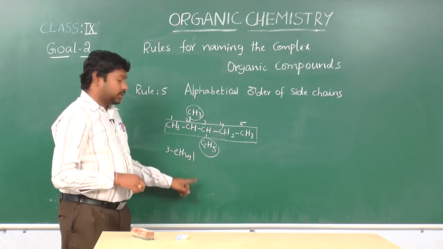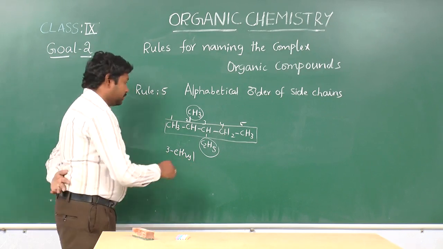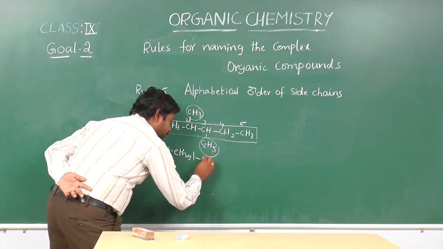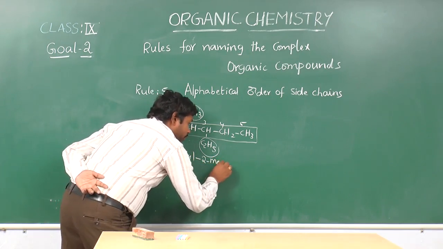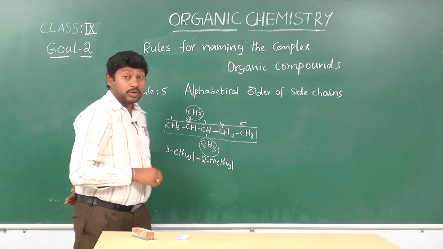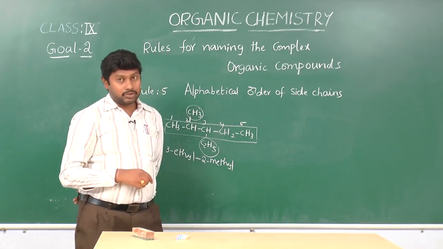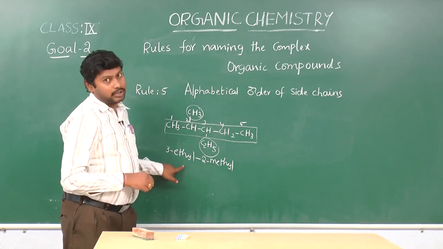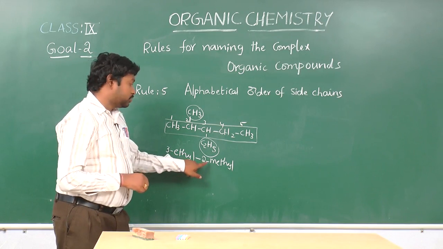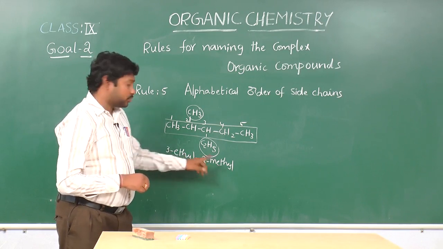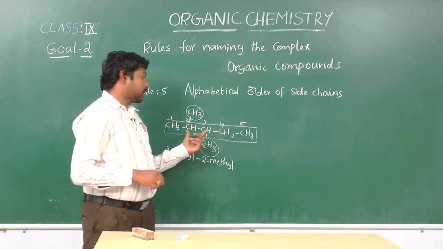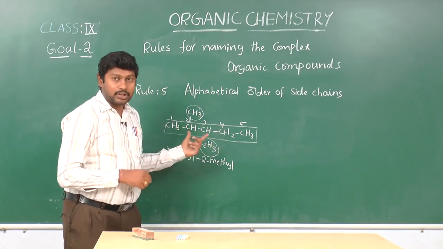So, 3-ethyl and 2-methyl. Here two substituents are present. So, according to alphabetical order, first we should write ethyl. So, 3-ethyl, 3 is the locant, and here 2 is the locant for the methyl group. So, 3-ethyl, 2-methyl, and after that, how many carbon atoms are on the longest continuous carbon chain here? 5.